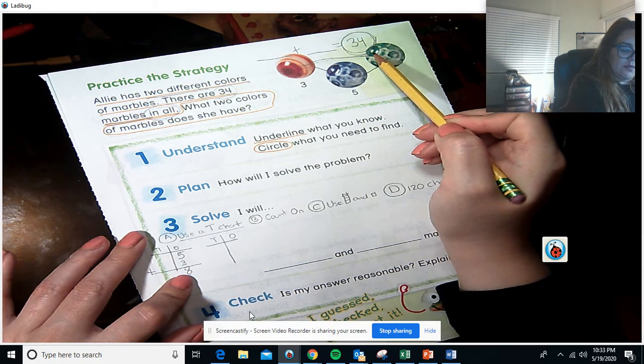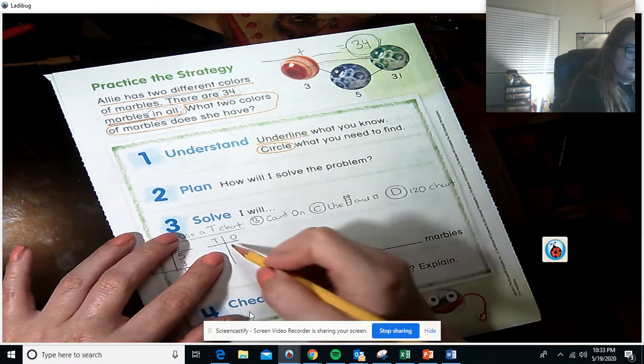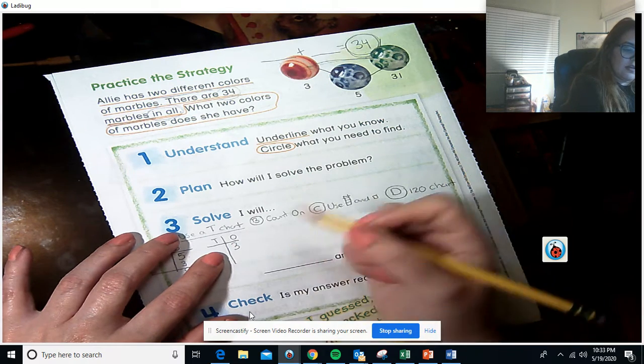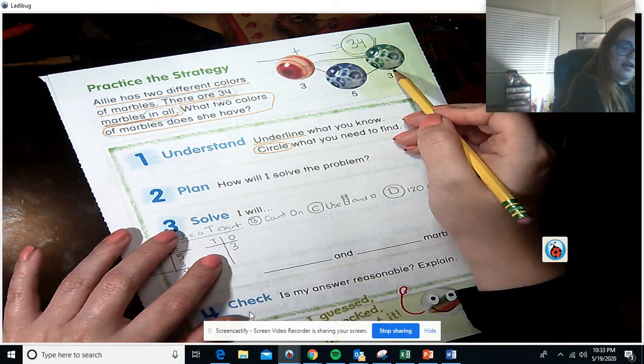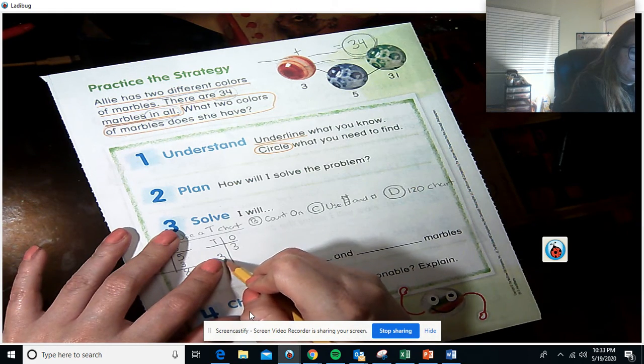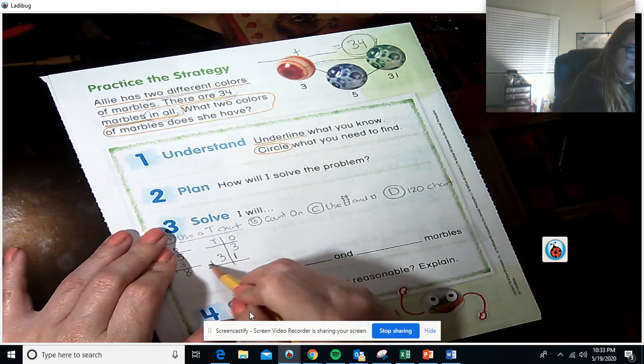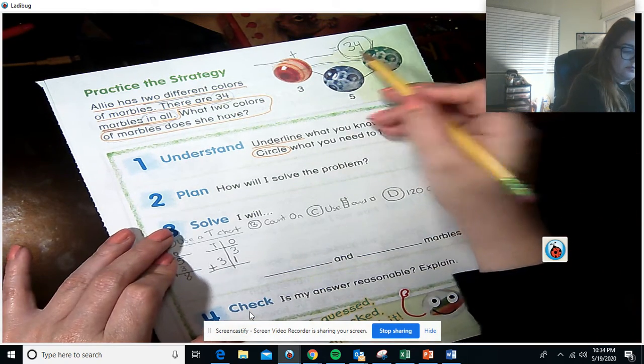and 31. So 3 doesn't have any groups of 10. It's just 3 and 31. 31 does have a 10. It has 3 tens and a 1. So we're going to add and see if that equals 34.